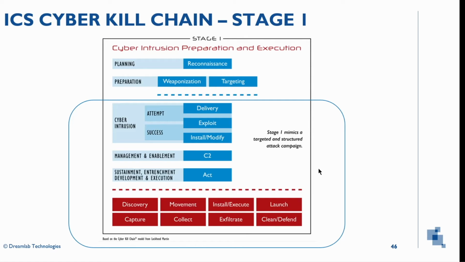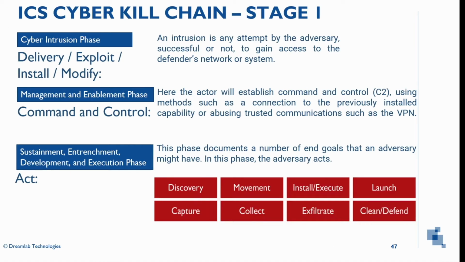Okay, so back to the stage 1 summary. The planning phase is done, the preparation phase is done, so we can now move to the next phase. In this step there are 3 phases. First one is cyber intrusion, where you try to gain access to a network or system.